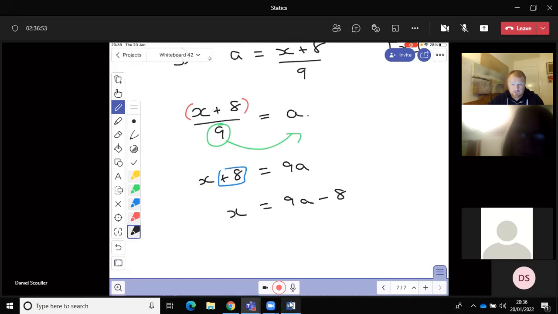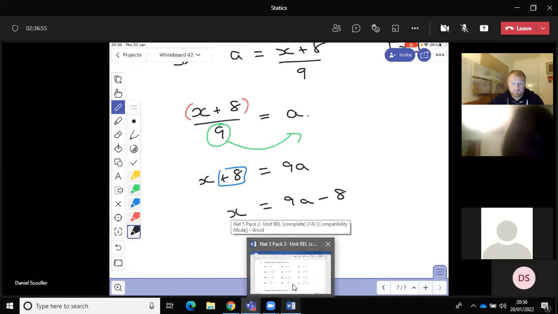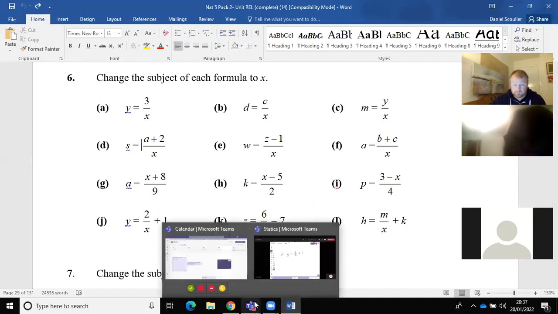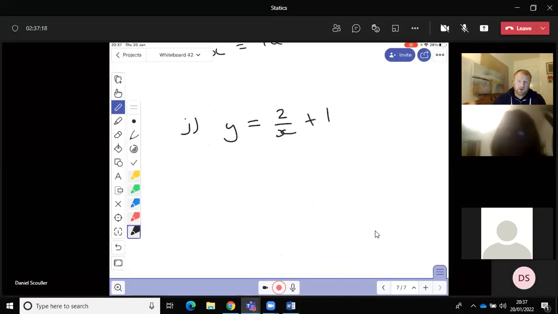And then the last one in that booklet was this type. Let me just copy that down. These are the ones that people mix up, which is why it's quite good to have them for practicing. So y equals 2 divided by x plus 1.